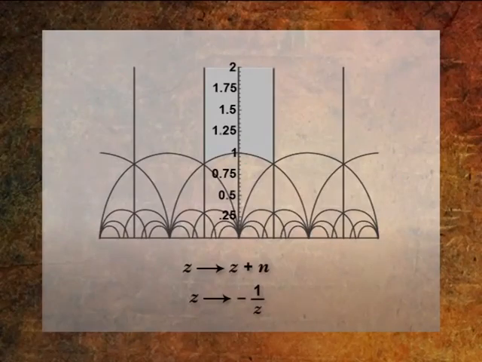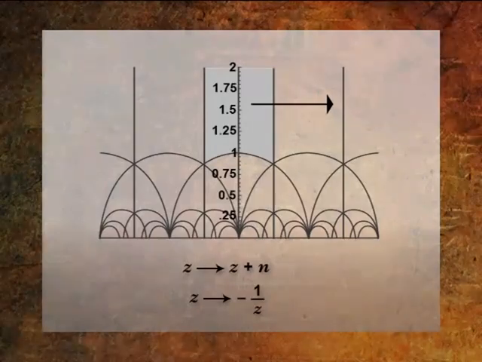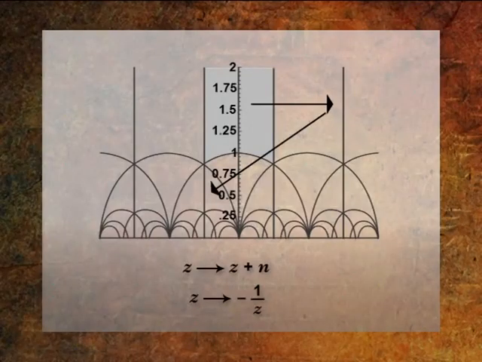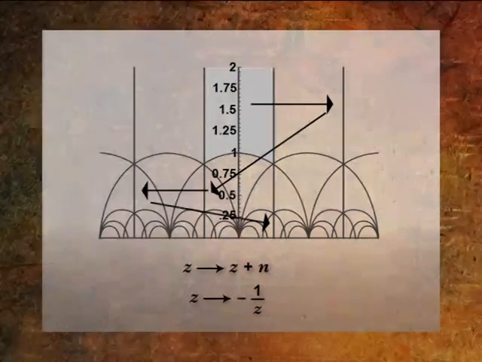So I can start with some point in this gray region in my fundamental domain, and I can move it by 1 unit to the right, and I'm now in this second region. And I can now take the negative reciprocal of that, which moves me into this small region, which is down near the real axis. I can now move it 1 unit to the left, and then take the negative reciprocal again, and I get into one of these even smaller regions that is even closer to the real axis.